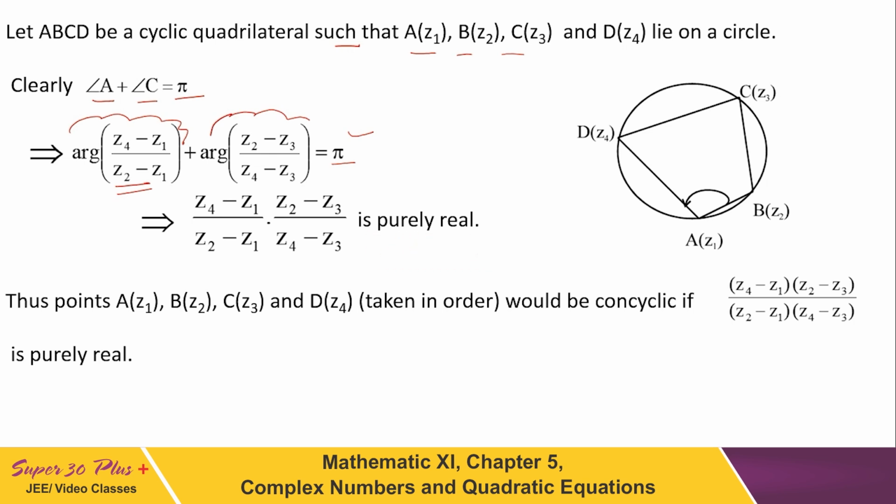That's why you can say that (z4 − z1)/(z2 − z1) times (z2 − z3)/(z4 − z3) is a purely real complex number. Thus the points A, B, C, D taken in order would be concyclic if this product is purely real. This is one of the most important concepts for concyclic points.